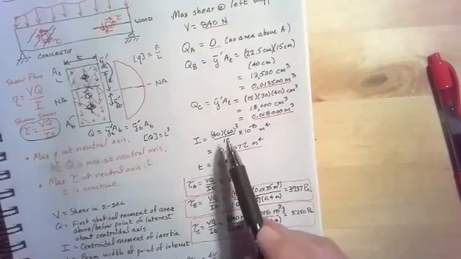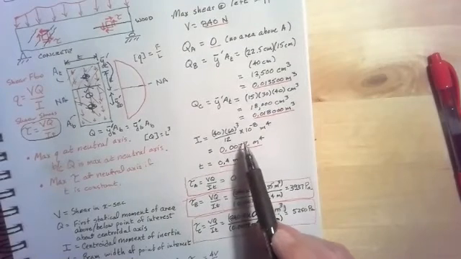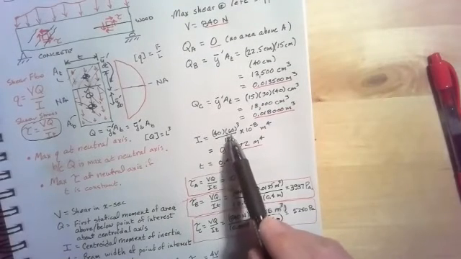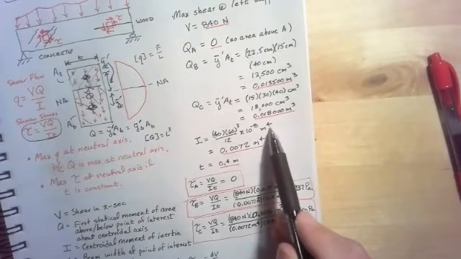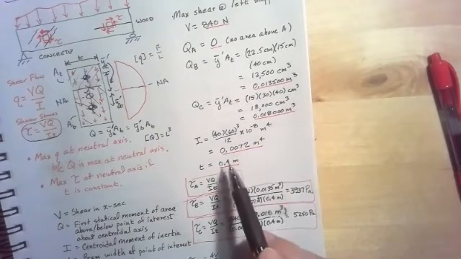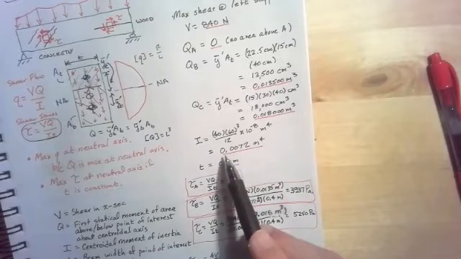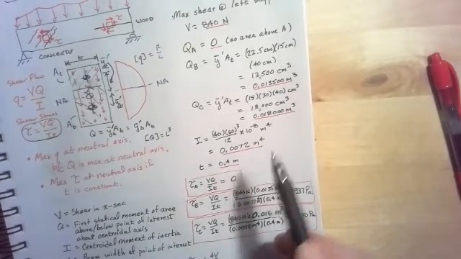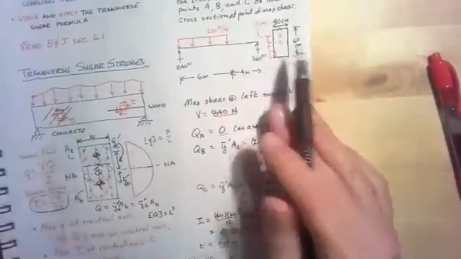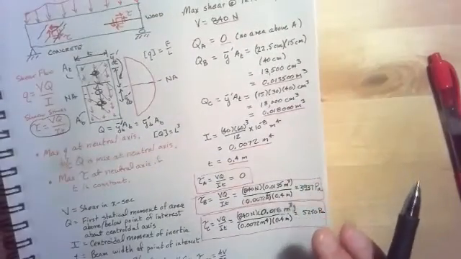Then I calculate I as BH cubed over 12. And then since these are in centimeters, I need to multiply by 10 to the negative 8th to get to meters to the 4th. And the moment of inertia of the section is 0.0072 meters to the 4th. The thickness of the section is 40 centimeters or 0.4 meters.